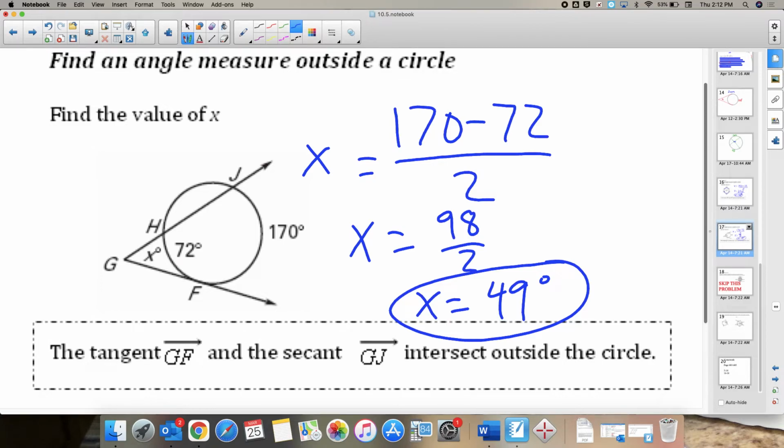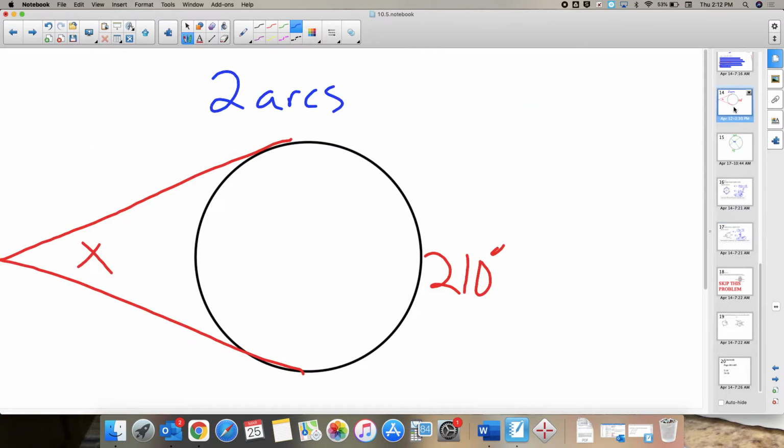Now, just a couple quick things to look at, some examples that could come up. First off, if I have two tangents, then I only have two arcs that would be created. If my big arc is 210, remember, in a full circle, my arcs must add to 360. So this arc here must be 150 degrees.